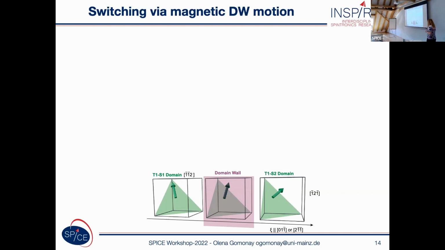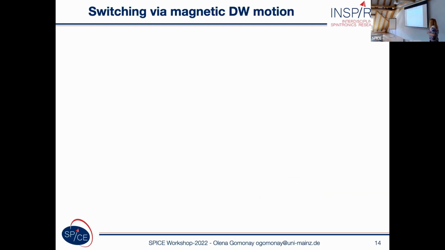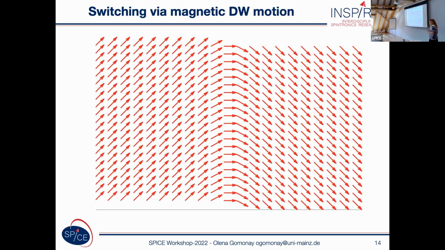If we try to induce switching between different states, maybe we would like to induce domain wall motion in this system. So what could be the effect of magnetoelasticity in this case? First, let's consider magnetic switching with the use of domain walls without magnetoelasticity.